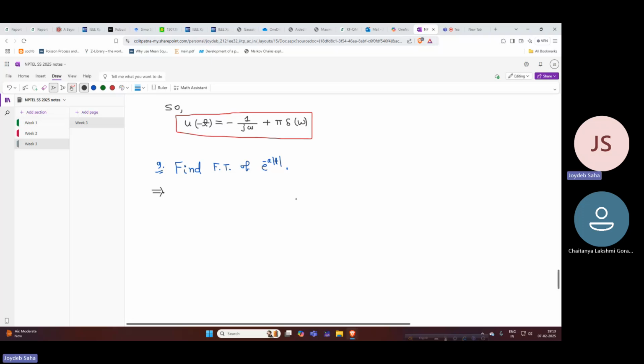Take 2 more minutes and try to solve. Can you solve it? You should at least try.